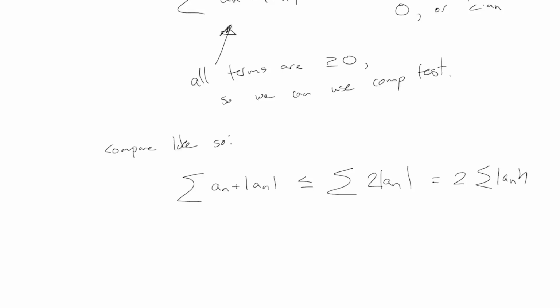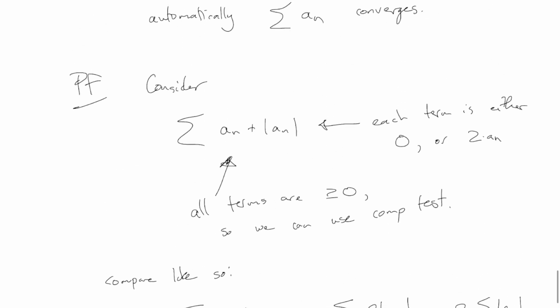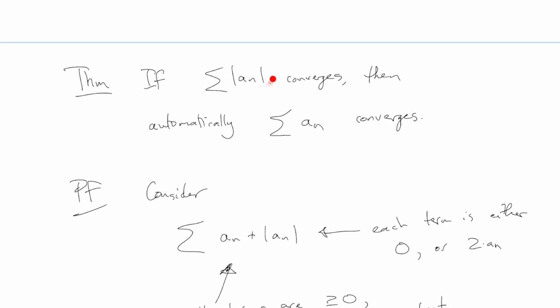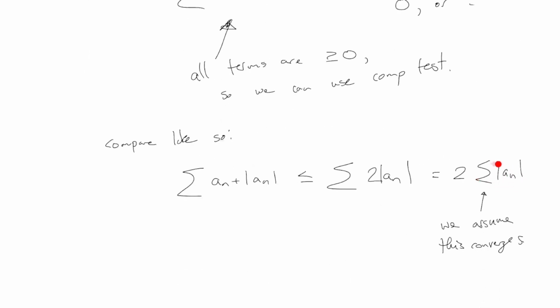And this, as part of the theorem, we assumed converges, because the statement of the theorem says if this sum of the absolute values converges, then the other one converges. So we assume that this converges. That means by the comparison test, this one also converges.